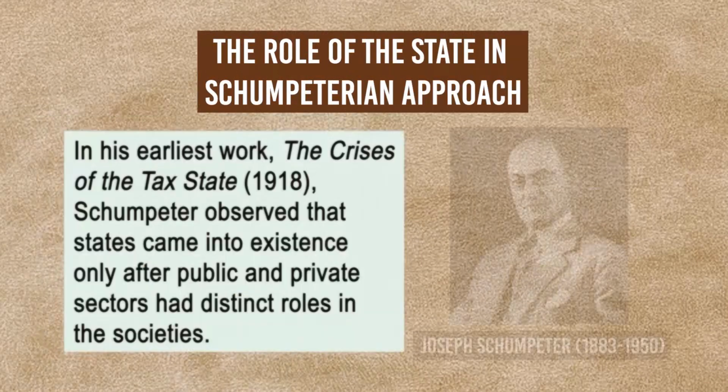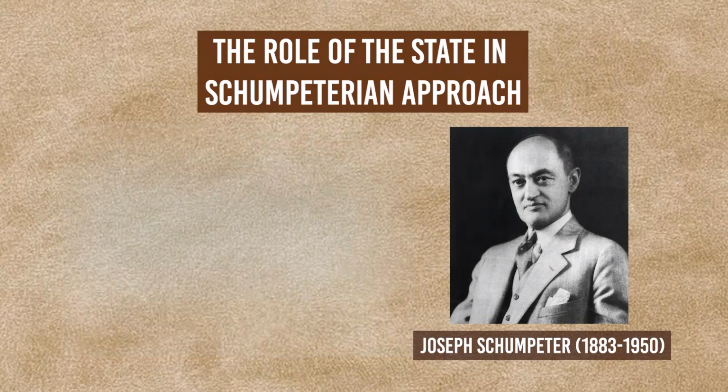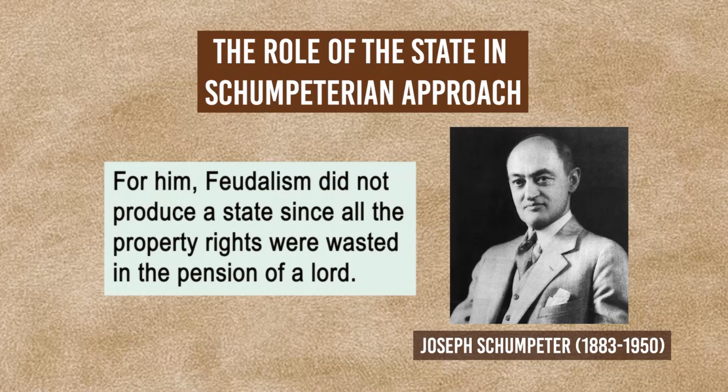Now, Schumpeter, in his earlier work, like The Crisis of the Tax State, observed that states came into existence only after public and private sectors had distinct roles in the society. For him, feudalism did not produce a state, since all the property rights were vested in the person of the lord.